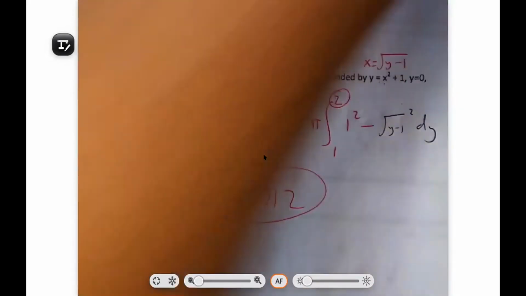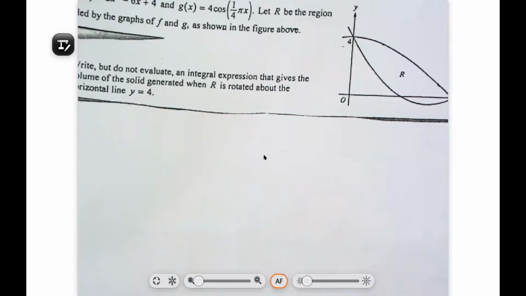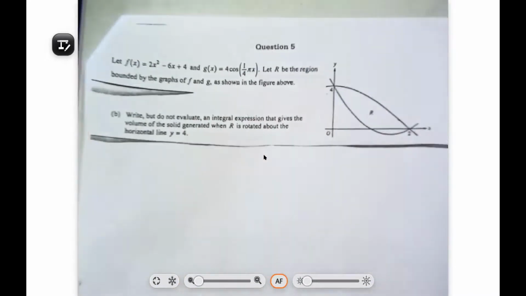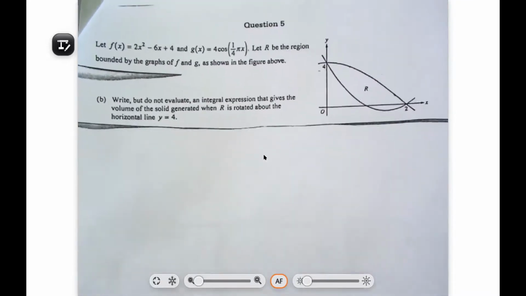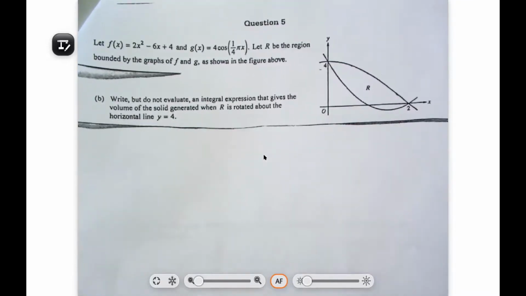All right, last one. I'm gonna have you guys try it yourself. Suckers. Here you go. This was from, I don't know what year, but this was a part off of an FRQ.